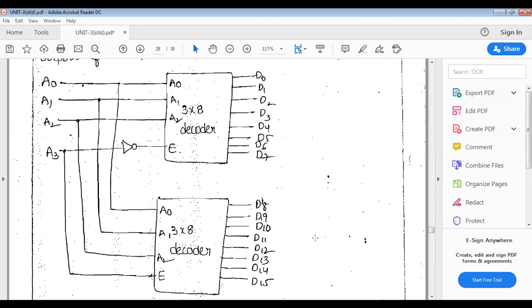But a 4 to 16 decoder requires another input, the most significant bit A3, connected to the inverter and the enable input.